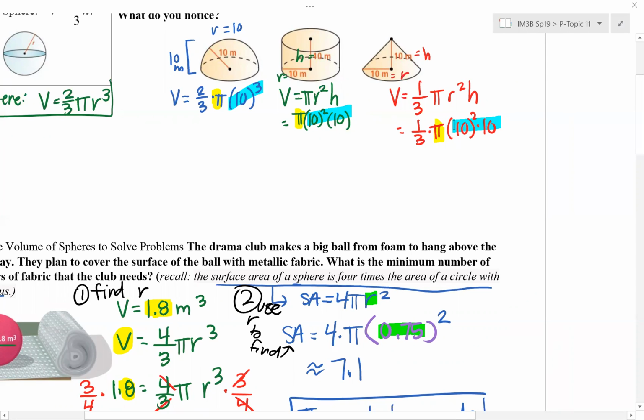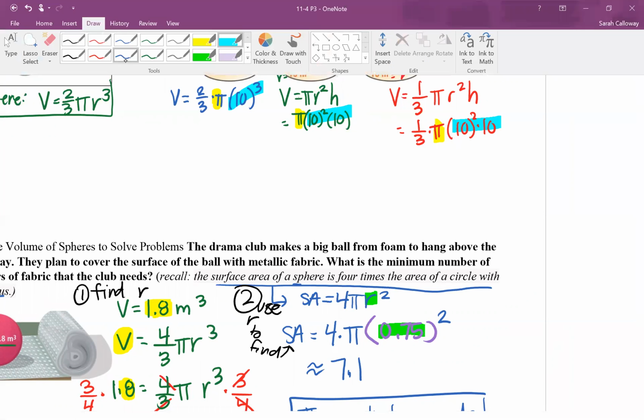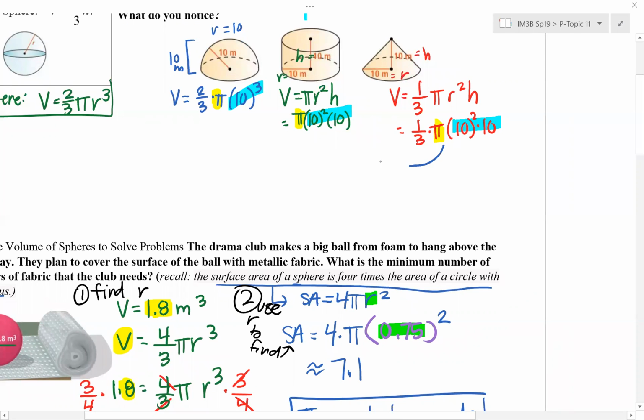So I can relate all of these to the cone, because the cone's the smallest. I would just multiply the volume of the cone by 3, and that would give the volume of the cylinder. Okay, so the cylinder is 3 times the size of the cone.